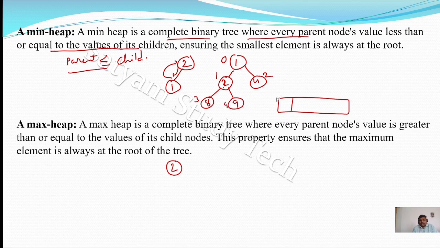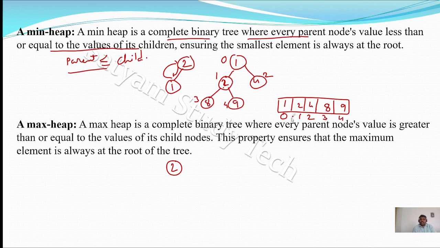Here it is 1, and the level order is maintained: here it is 2, here it is 4, right, here it is 8, here it is 9. So the array index starts with 0, 1, 2, 3 and 4.